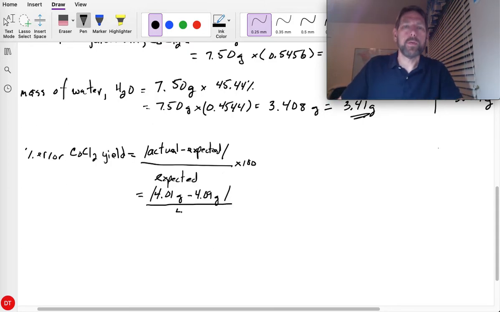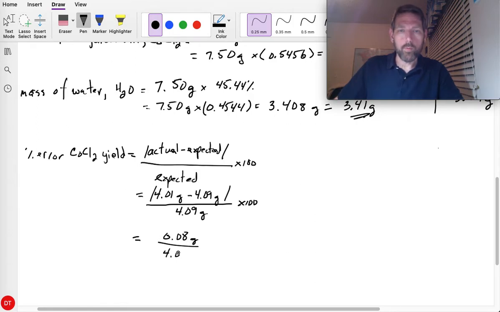And then we again had expected 4.09 grams times 100. If you take the difference of these two, you would get 0.08 grams over 4.09 grams times 100, and you should see that the grams unit goes away.